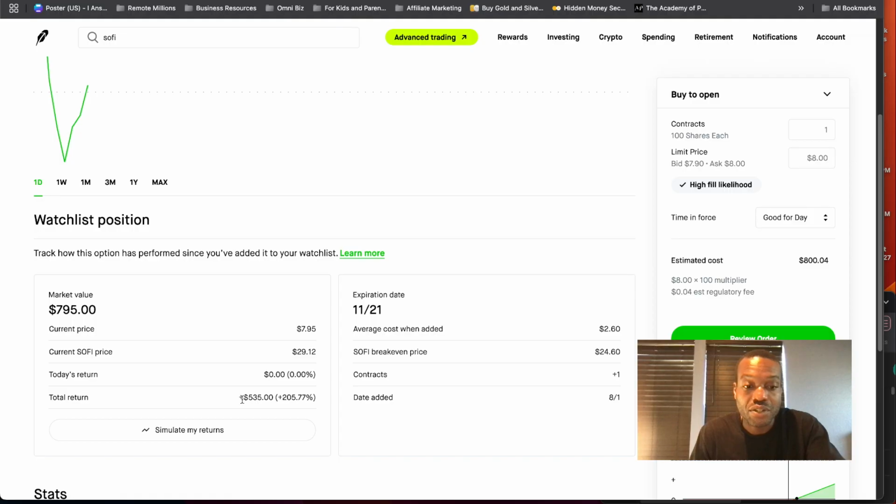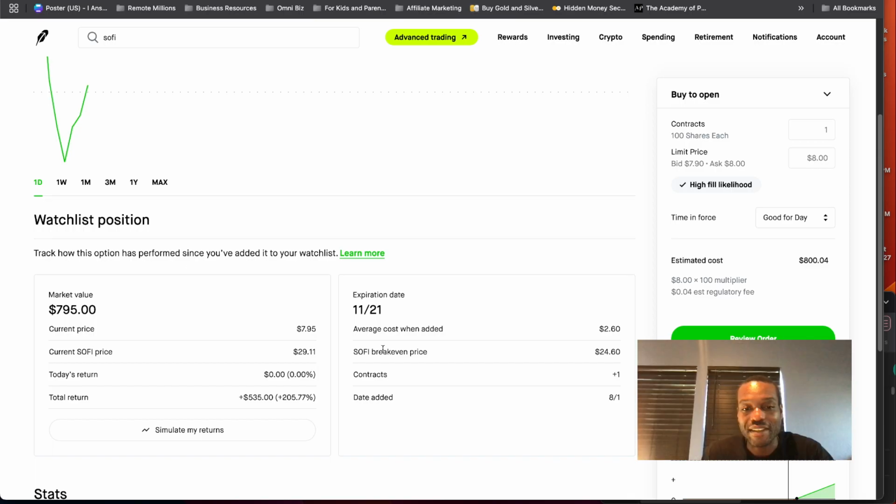$535, 205% gain. All right, so that's wild. That's so crazy. Like 167, so $100 more. If I had $100 more, this is the trade that I actually would have done. And this doesn't expire until November 21st, which means this is going to get even higher. And that's what I'm saying.